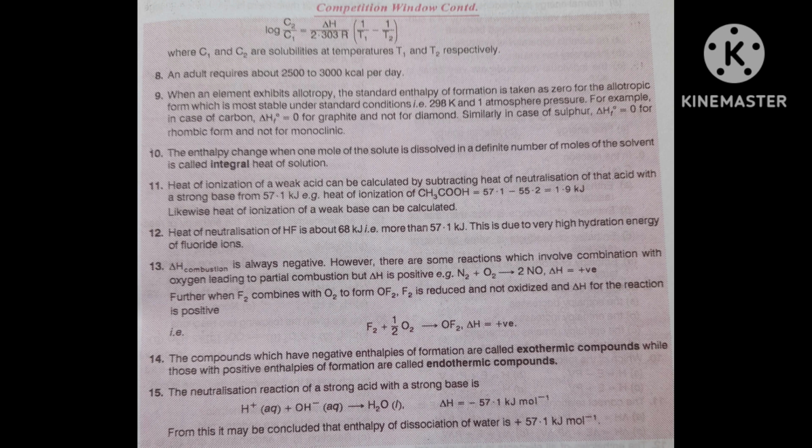So this difference of 1.9 kilojoule is used up in ionizing the weak acid.